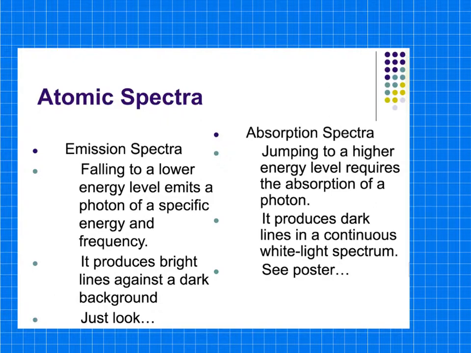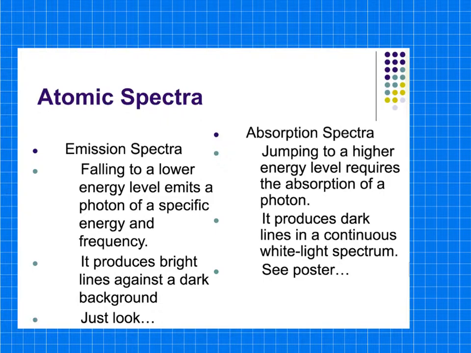And again, those are going to look different for different elements. In a lab that we do, you get to see different elements and their emission spectra, and it's interesting how each one is different. Absorption spectra, we need a more technical spectroscope to observe. Absorption spectra is just the opposite.